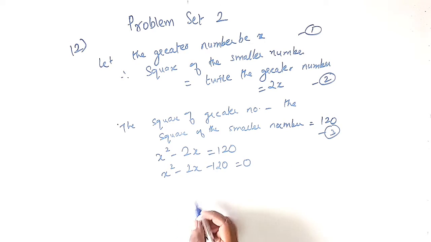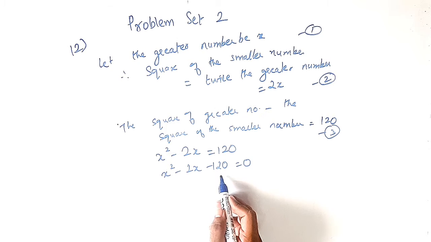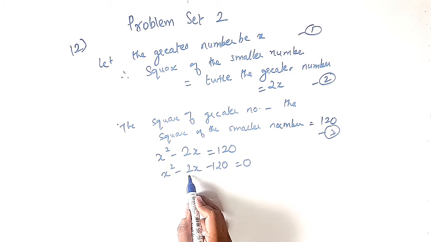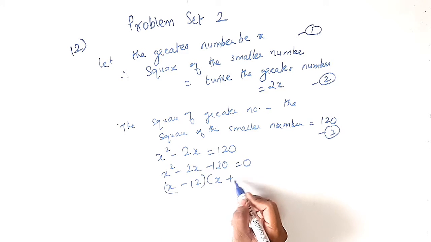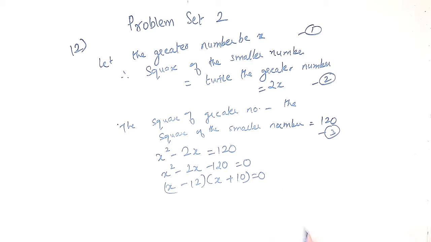Very easy. Now the factors of 120 such that the difference is 2. I think 12 and 10, so x minus 12 into x plus 10 equals 0. Therefore x minus 12 equals 0 or x plus 10 equals 0.